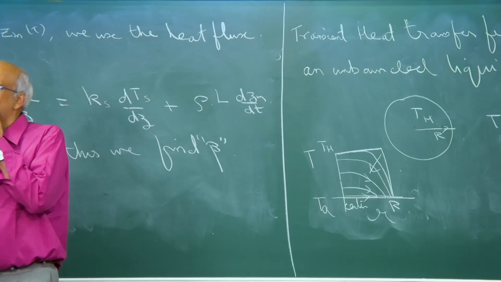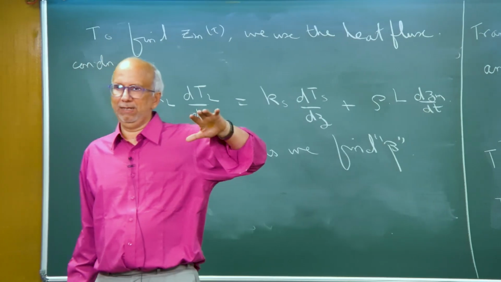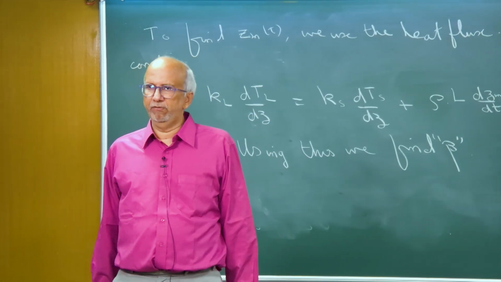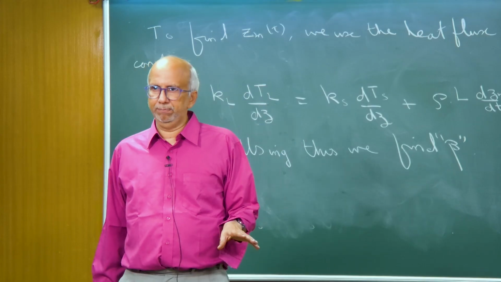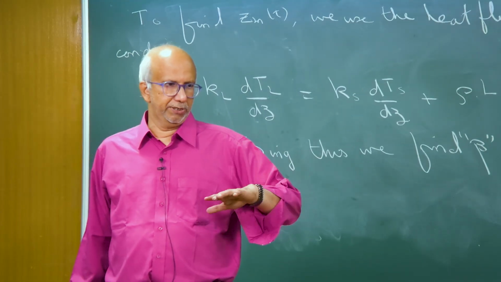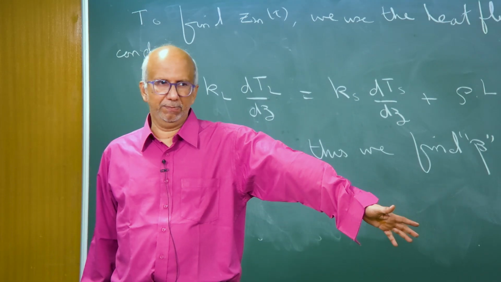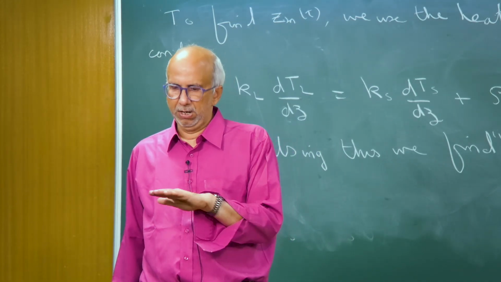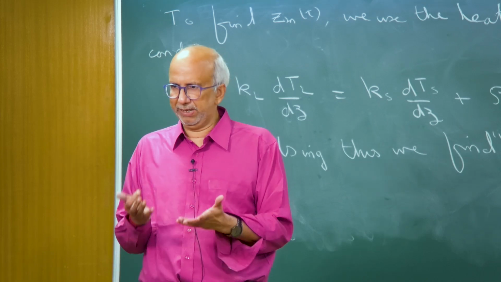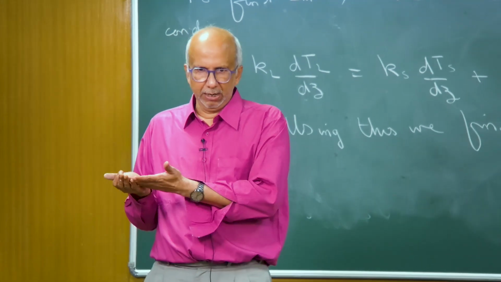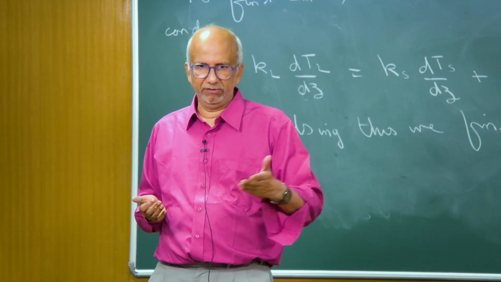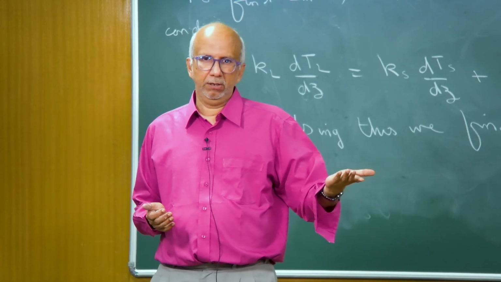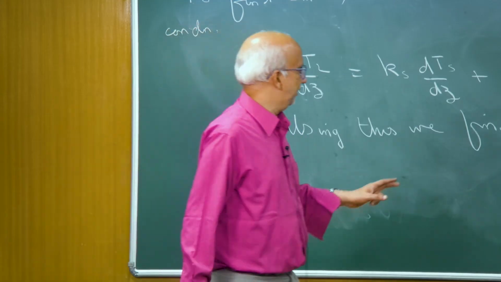So, you understand that initially my sphere is at Th. Finally, if you wait for a very long time, this sphere is going to lose heat, ambient is at T ambient, and everywhere, because this is heat transfer by conduction, okay, everywhere if there is a temperature gradient, temperature is high at some point, it will lose heat, it will get conducted away and it will decrease, eventually it will become Ta everywhere, and my initial profile is like this.